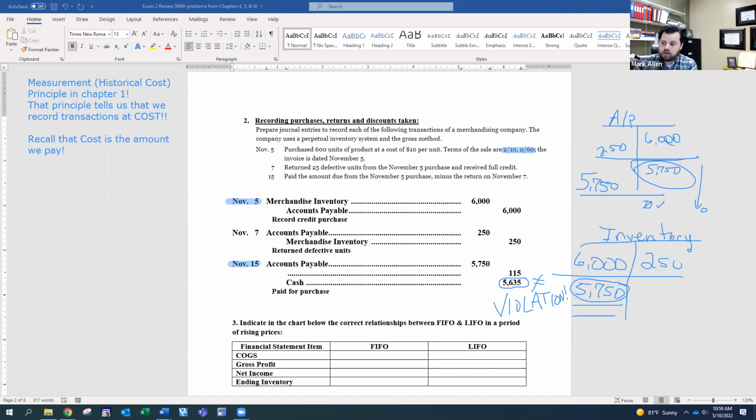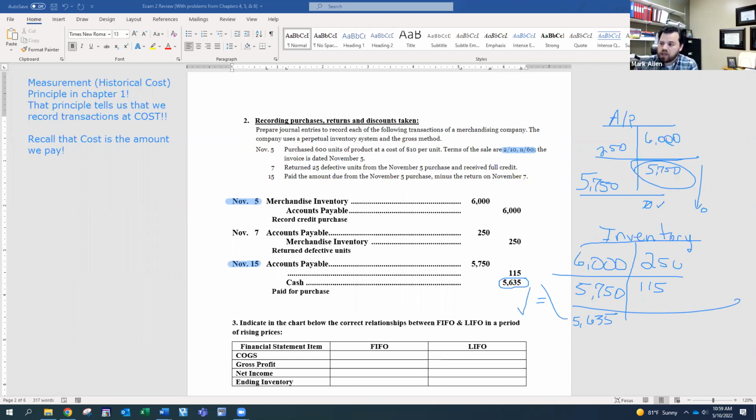You cannot do this. What that means is that credit needs to actually go to the inventory account. You'll credit inventory for $115. That will then bring your actual inventory account balance down to $56.35, which is equal to the cost.